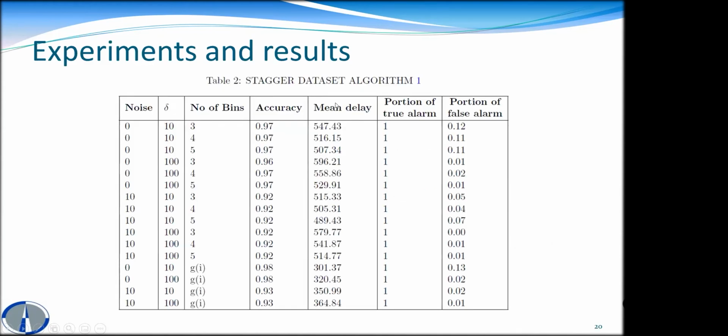Here are the results for the staggered data set. Algorithm 1 again is the inductive conformal Martingale. What we can see here is that as delta increases, the portion of false alarms decreases. As delta increases, the mean delay increases.